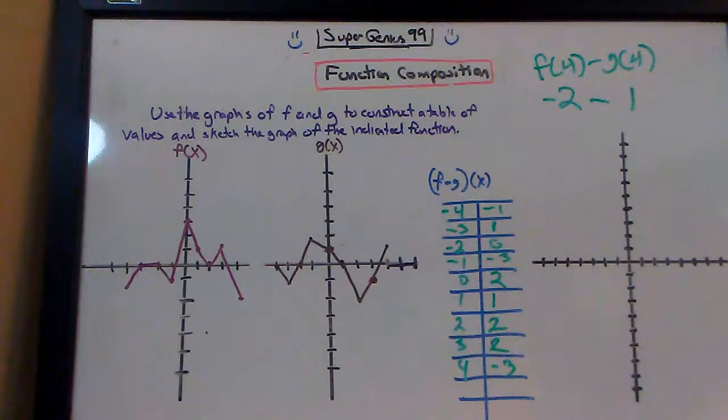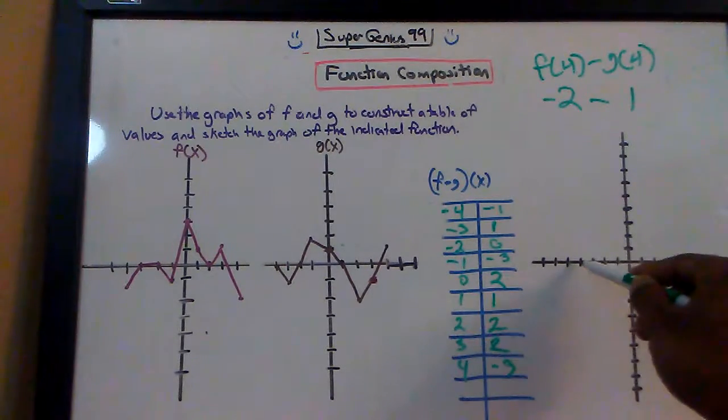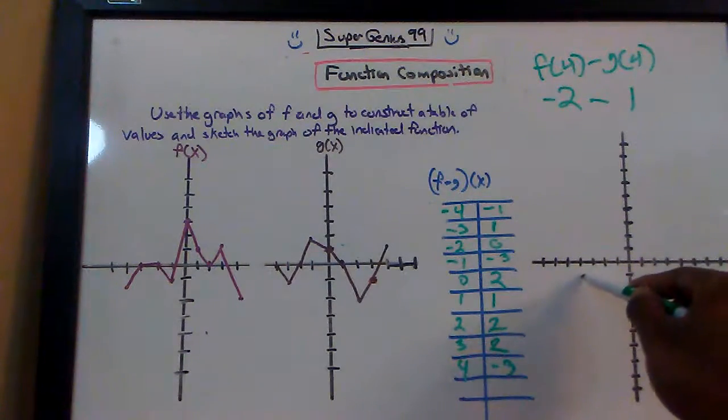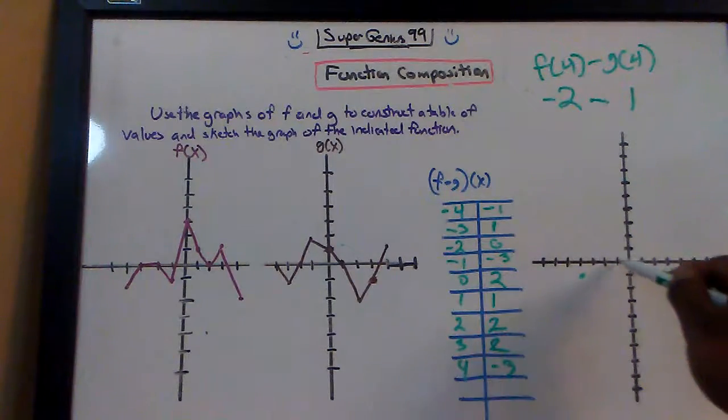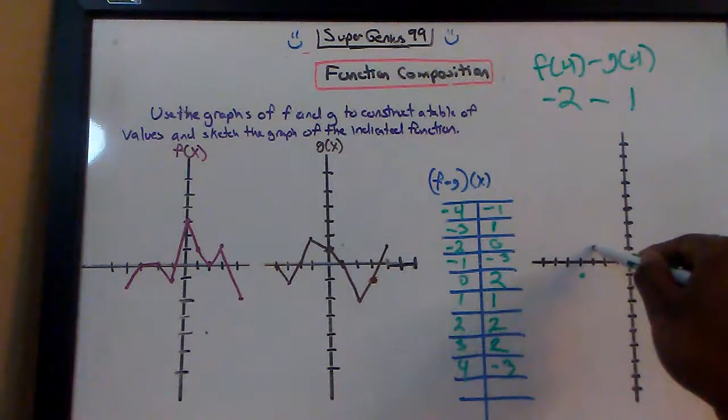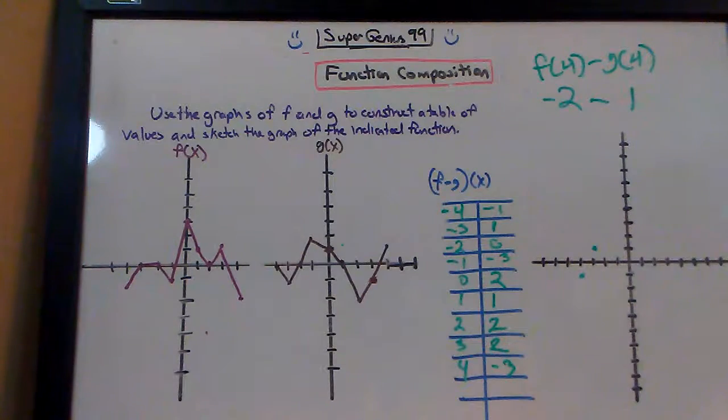Okay. Now let's just plot our points. Negative 4, negative 1, right there. Negative 3, 1, right there. Negative 2, 0.